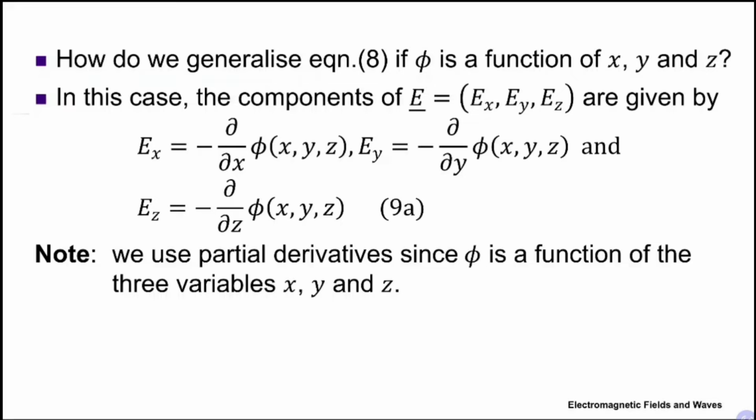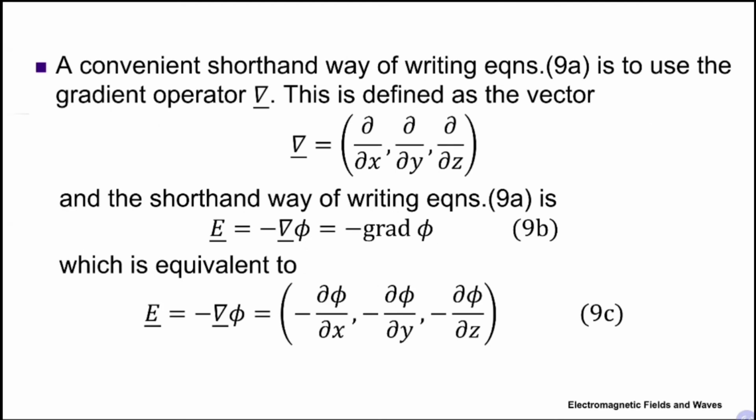If it changes in 3 dimensions, x, y, and z, then we can extend the equations. The electric field will have 3 components, Ex, Ey, and Ez, and you can do partial differentiation in the directions x, y, and z.